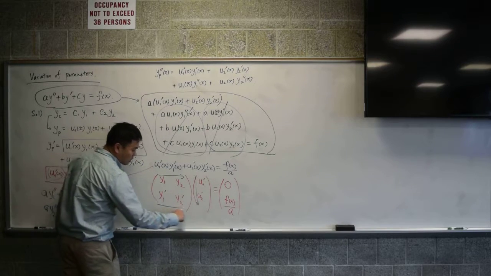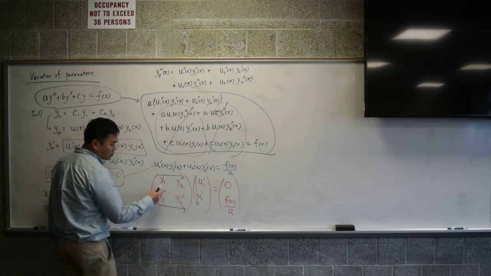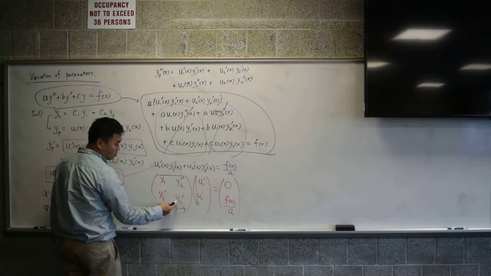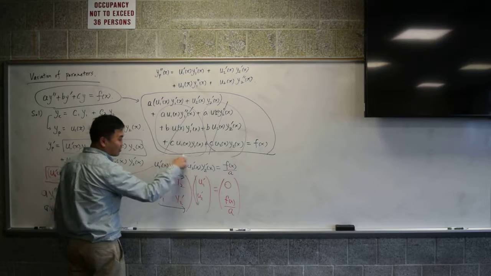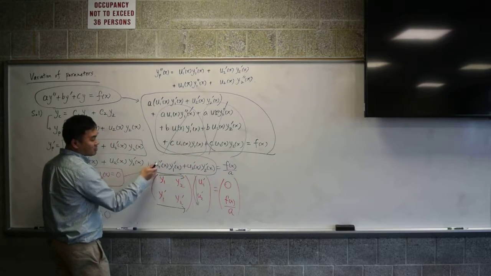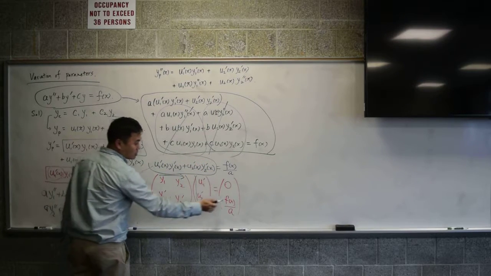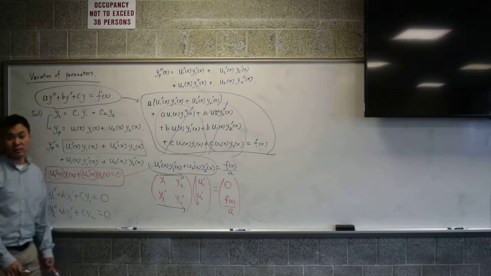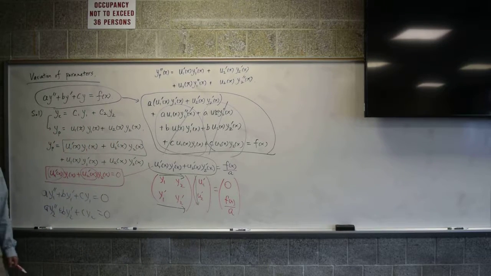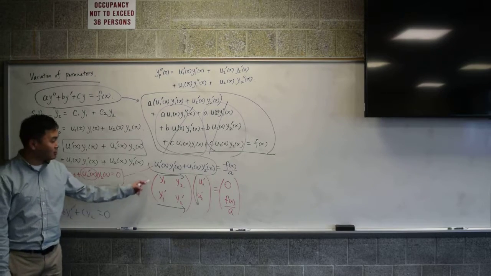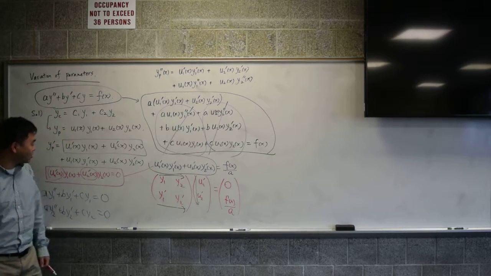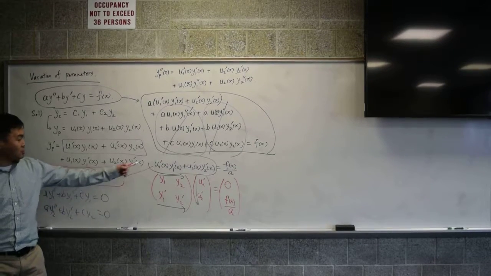And then I do across down here, y1 prime times u1 prime, y2 prime times u2 prime. You have to add them, which is exactly this much, right? What is this supposed to equal to? f of x over a. That's what it should equal to. All right? That's why this matrix form of the equation is equivalent to the system.